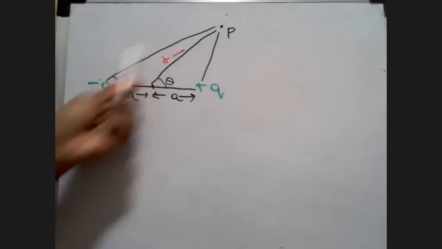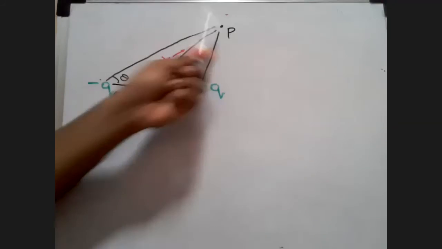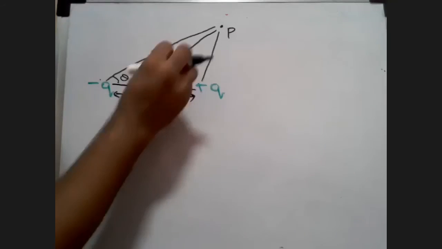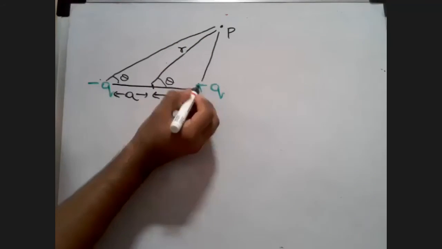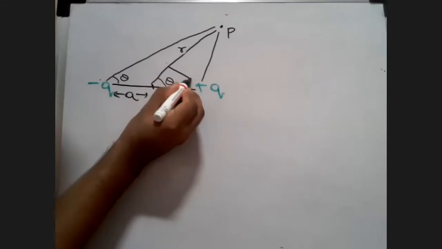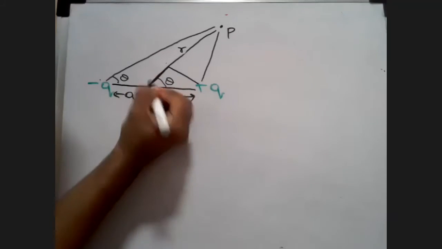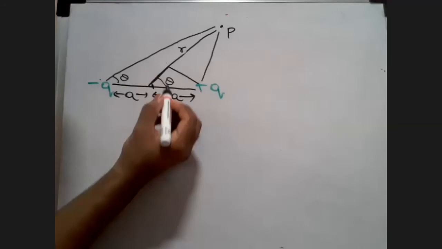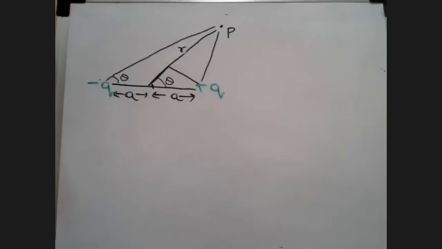If I draw a perpendicular from this point, considering this middle one to be R, and there is an a over here, if I take the component towards this side, what will this distance be?